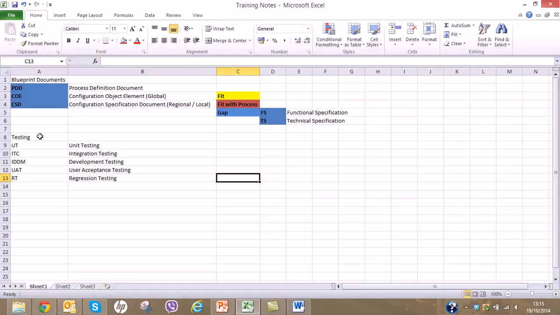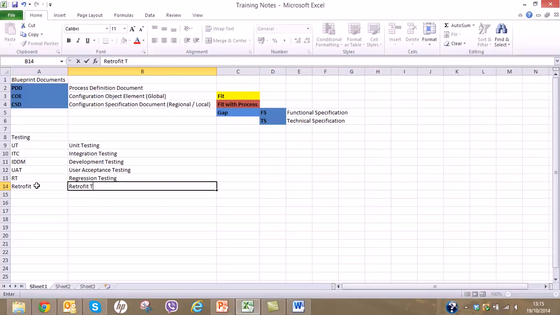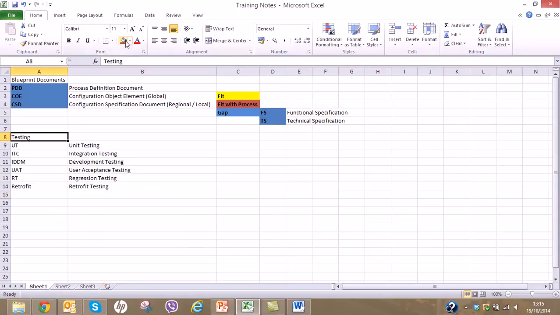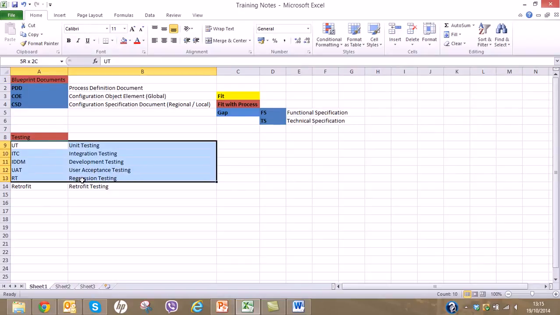And then retrofit testing. So you have to go through all these phases before you transport finally into the production client.